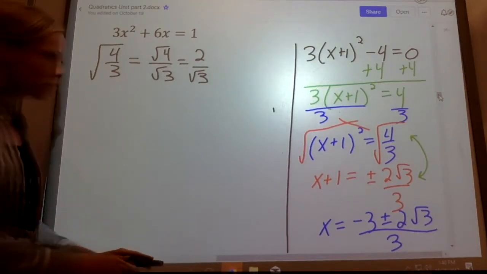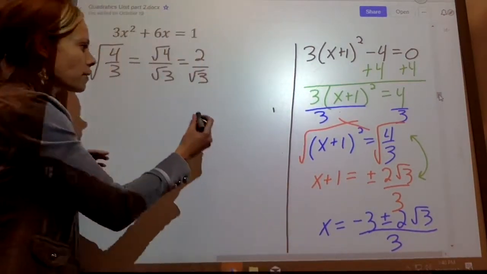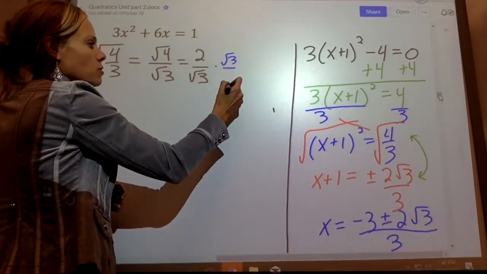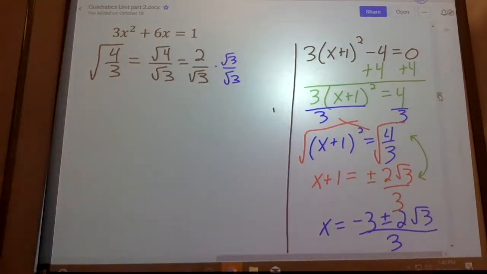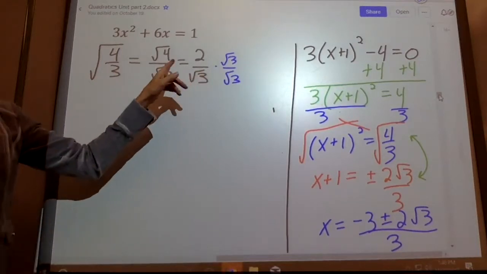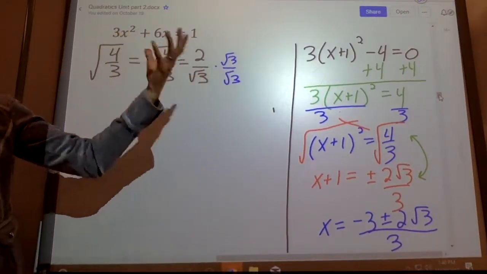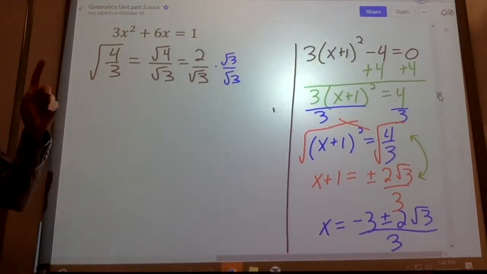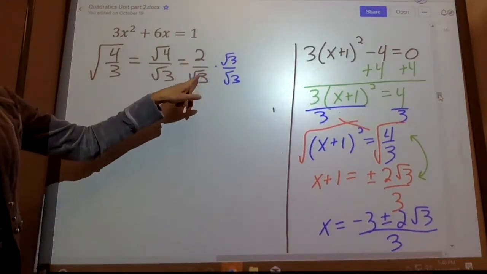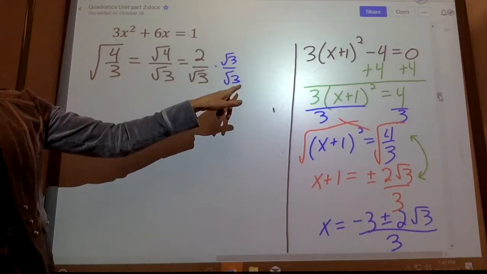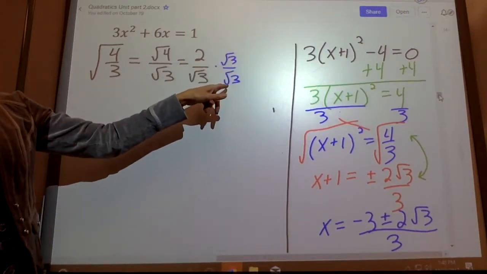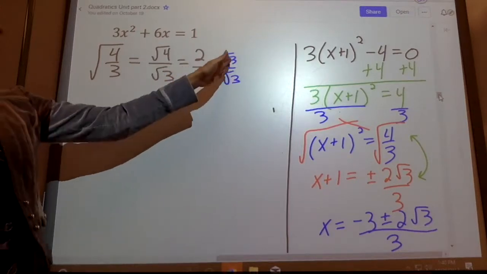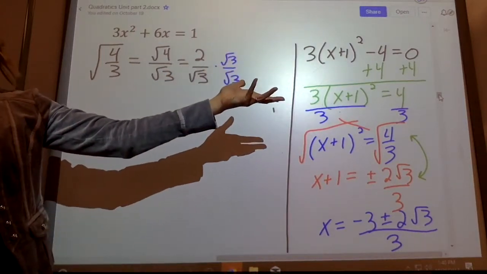And what that means is whatever square root you have on the bottom, you're going to take the top and bottom times that square root. Whatever square root you have in the bottom, doesn't matter, square root of 2, square root of 3, square root of 5, you take the top and bottom times that. Because I know the identity property says if I take any number times 1, which this is a 1, square root of 3 divided by square root of 3 is 1. It's a fancy 1. If I take any number times 1, I get the same number.